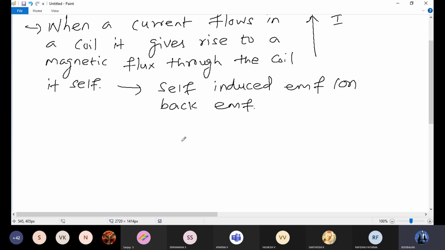Next one, listen. This is the battery, plus and minus, and this is a closed switch.